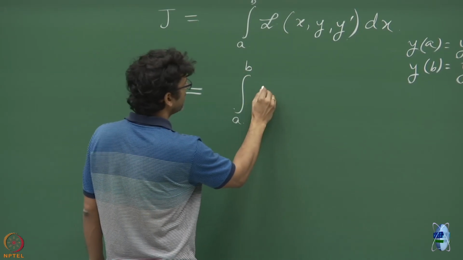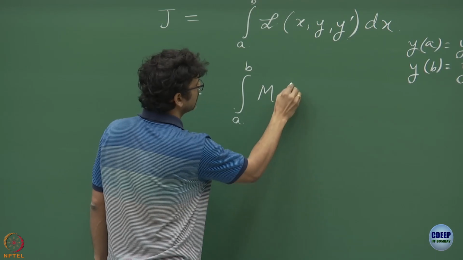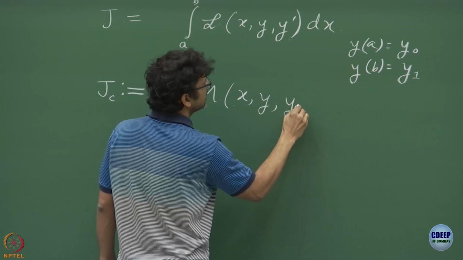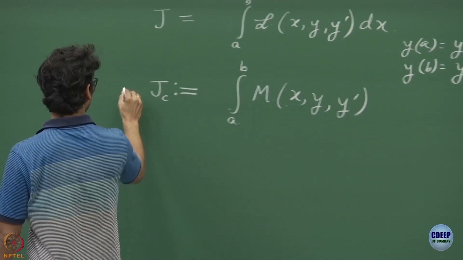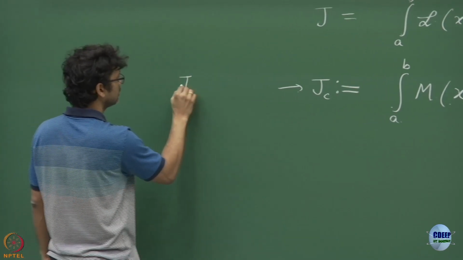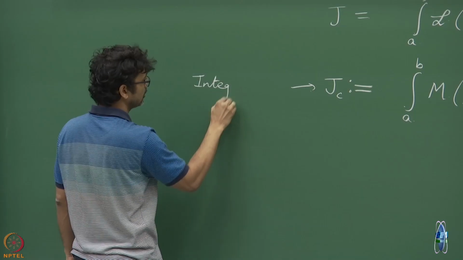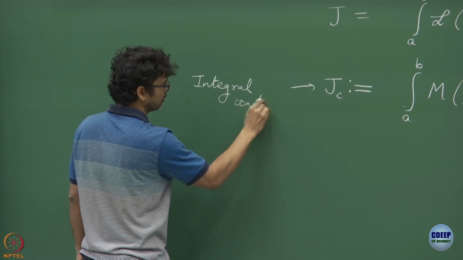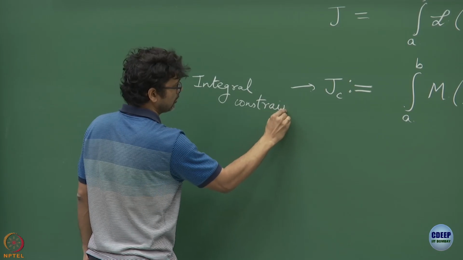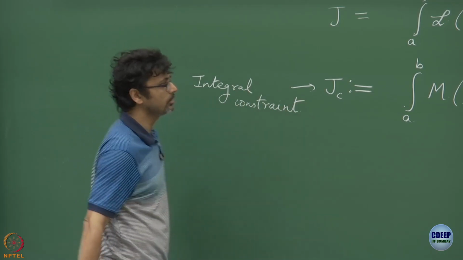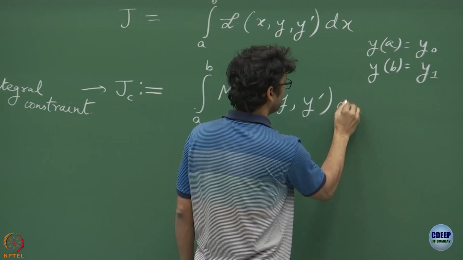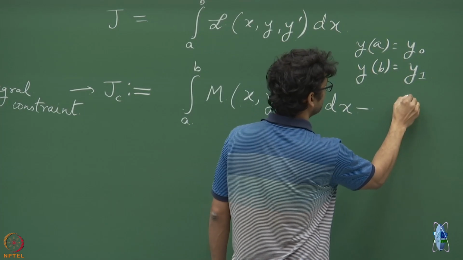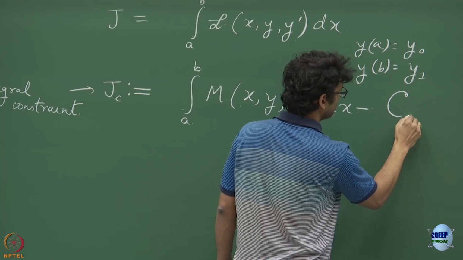It could be given by something such as this. It is an integral constraint, so let us make that clear. An integral constraint like so, minus let us say C0.